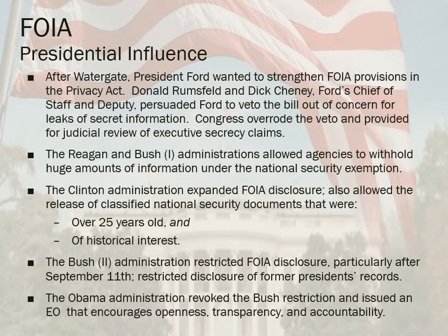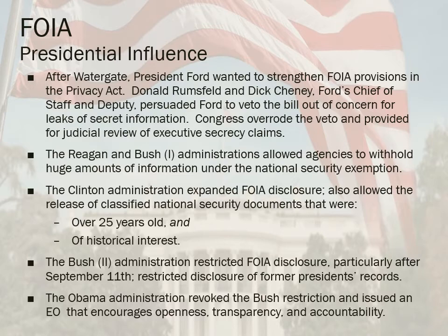So after Congress strengthened FOIA, there was a bit more accessibility to government records. Then the Reagan and the George H.W. Bush administrations once again narrowed disclosures by allowing agencies to withhold substantial amounts of information under the national security exemption. Now, mind you, both presidents did have to issue executive orders requiring non-disclosure of that information.